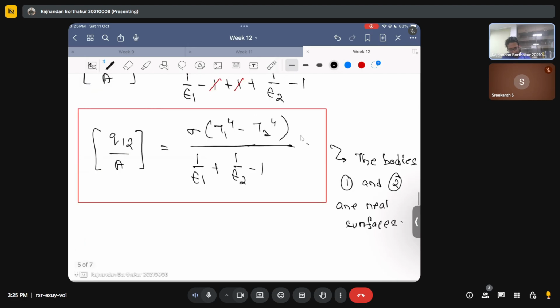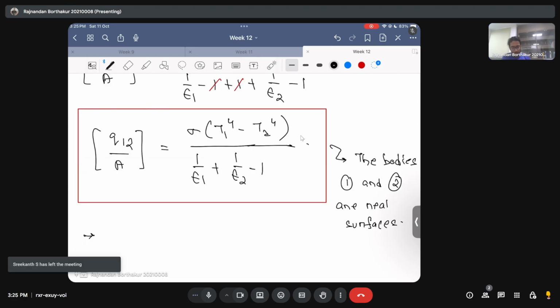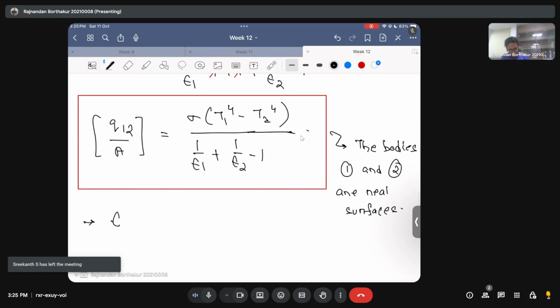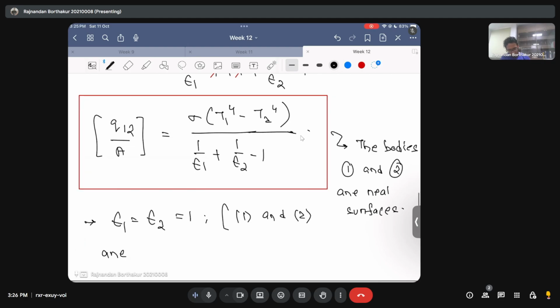So what you can now do is you can draw a special case when epsilon 1 is equal to epsilon 2 and this is equal to 1, if you assume now that 1 and 2 are black bodies.